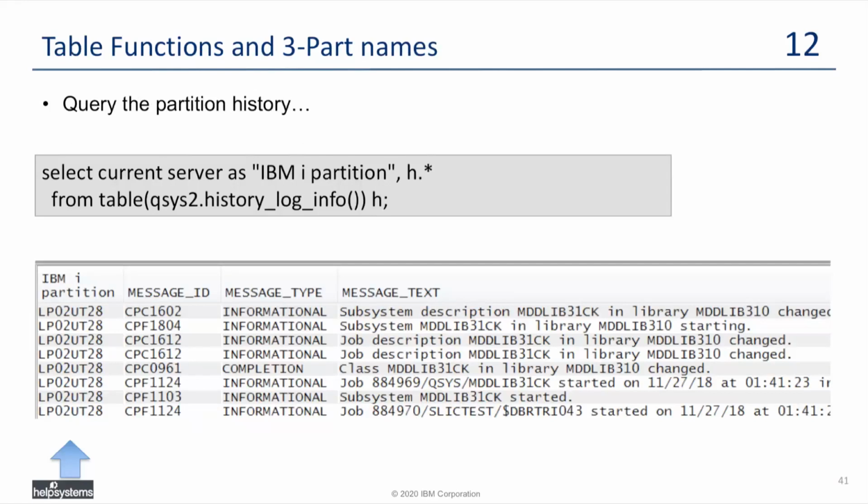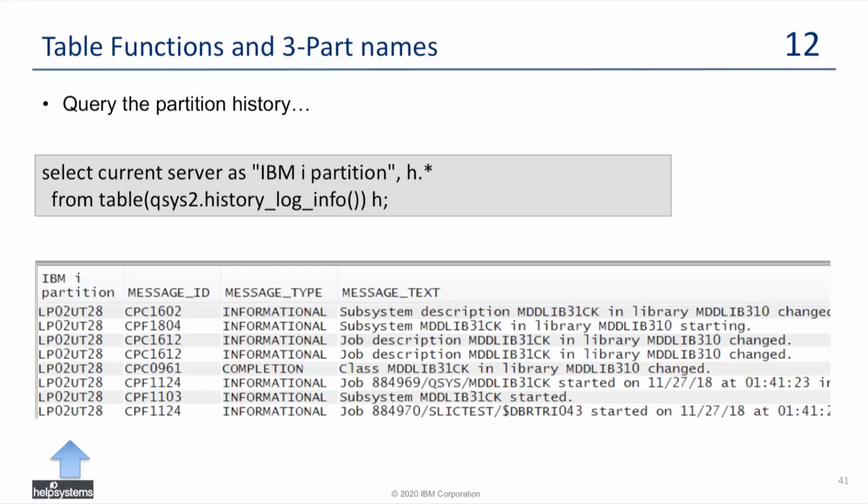It's a user-defined table function, UDTF, that returns to you the information you would find from the display log command. History log info, by default, will give you today and yesterday's history. If we want a different time span, then we pass in parameters to history log info.